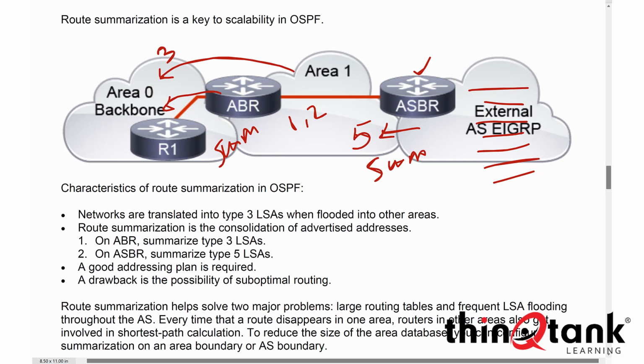Now, the key thing about implementing these summaries is that you want to make sure that you're implementing the summaries in a way that it doesn't cause routing confusion or it doesn't introduce suboptimal routing within your domain. In this topology, that's relatively simple because we have essentially stub links between all of these areas.